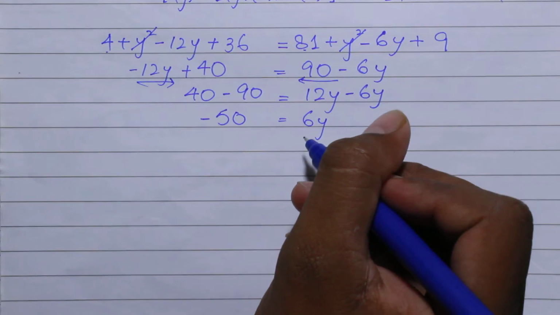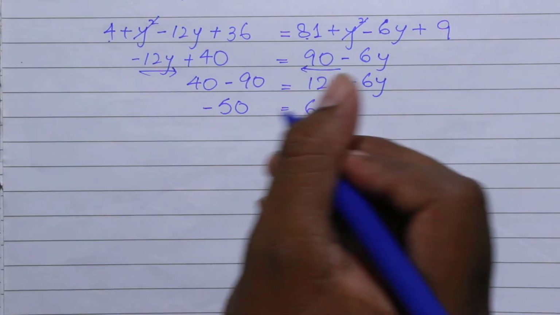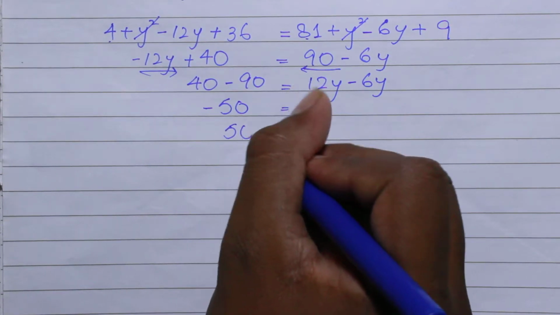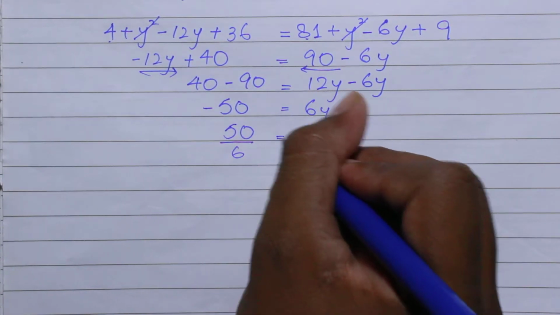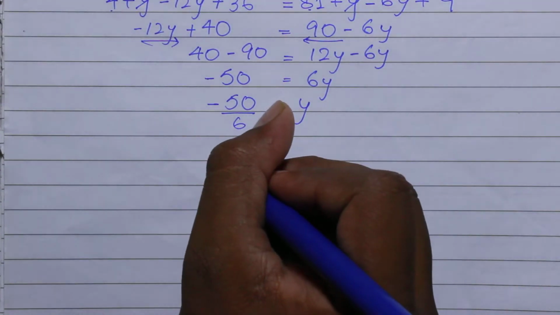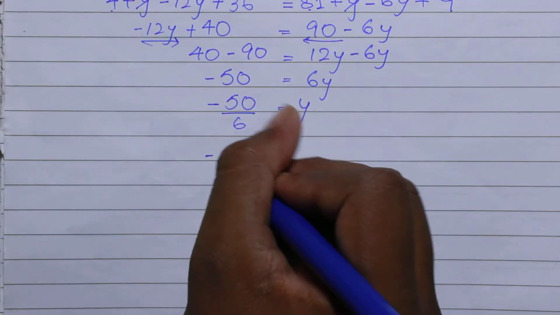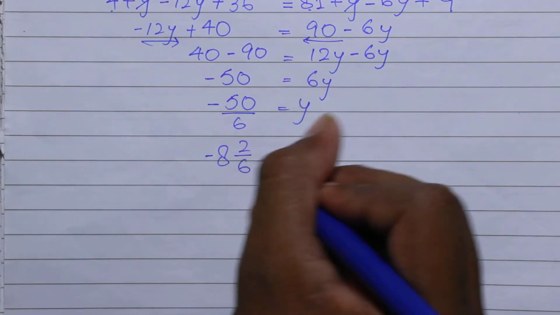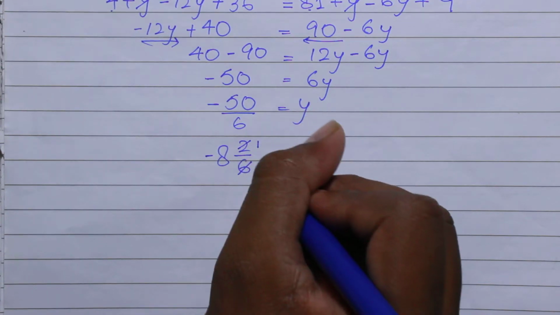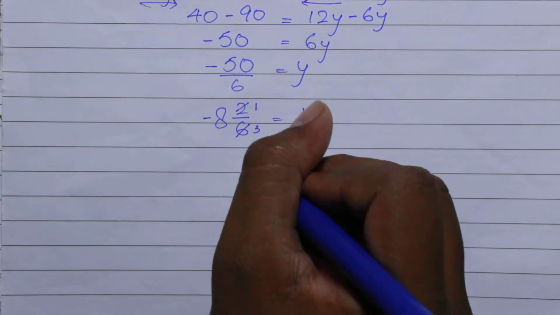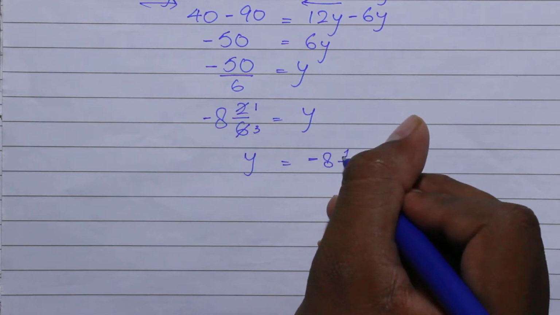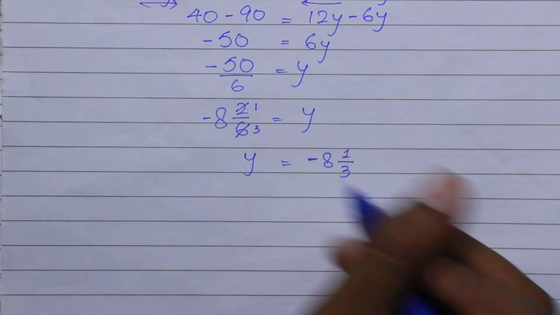This 6 is multiplying, so it is transposed, and minus 50 divided by 6 gives you y. Take it as a whole number: 6 8s are 48, you have 2 left over 6, so it can reduce to 1 upon 3. The answer of y is minus 8 and 1 upon 3.